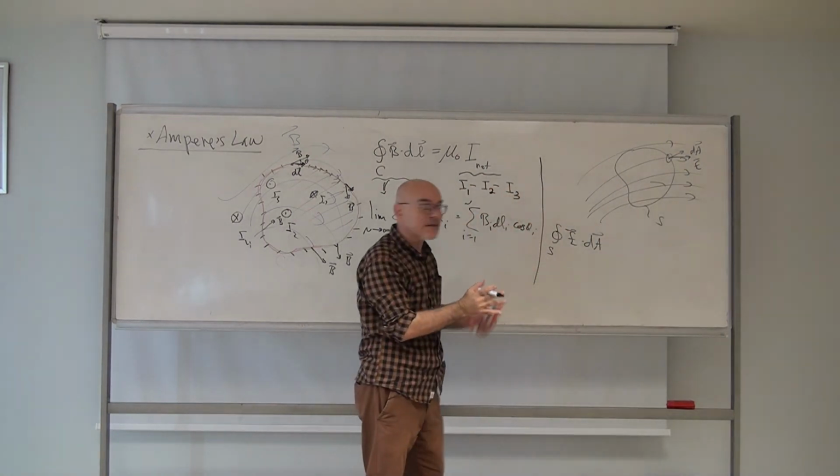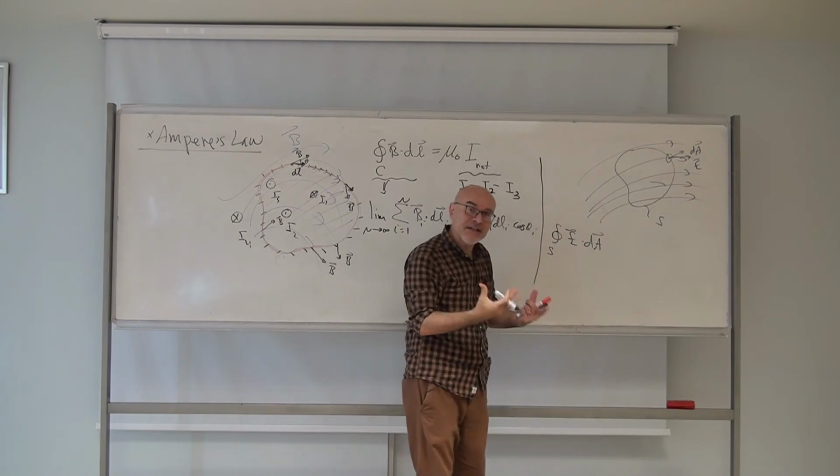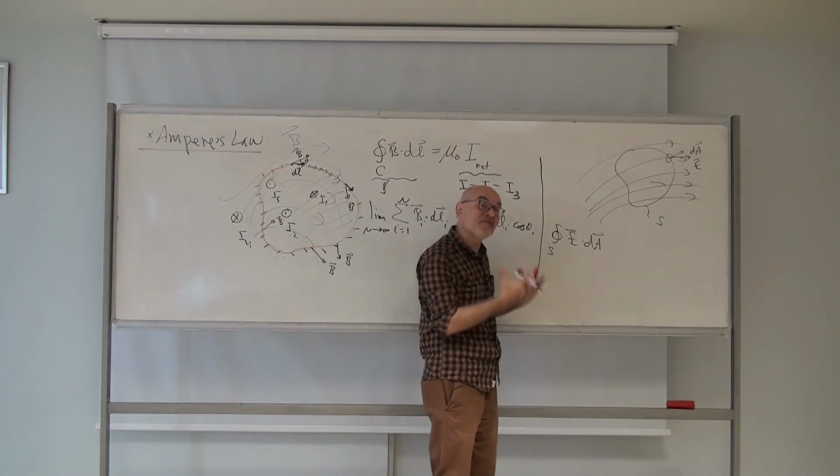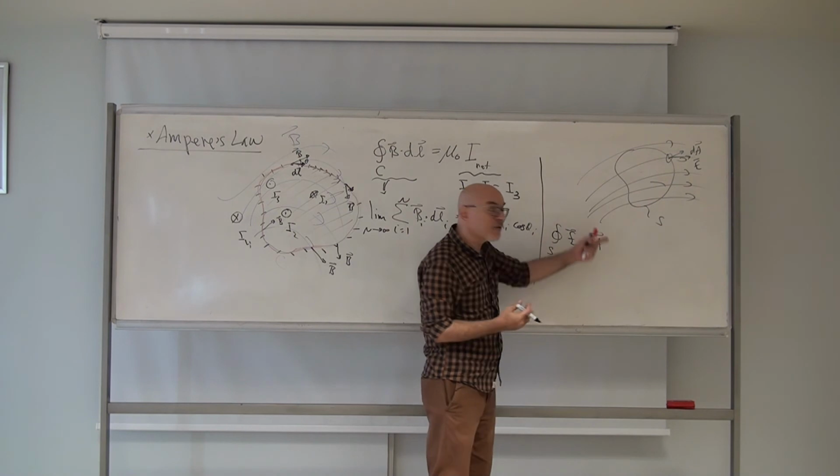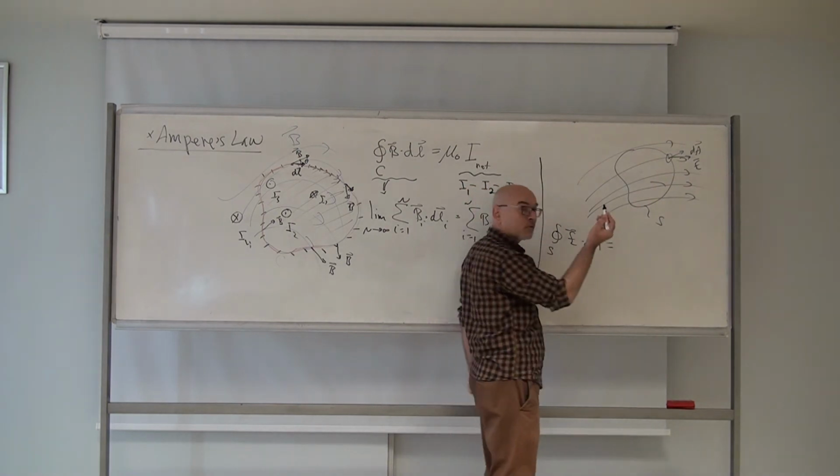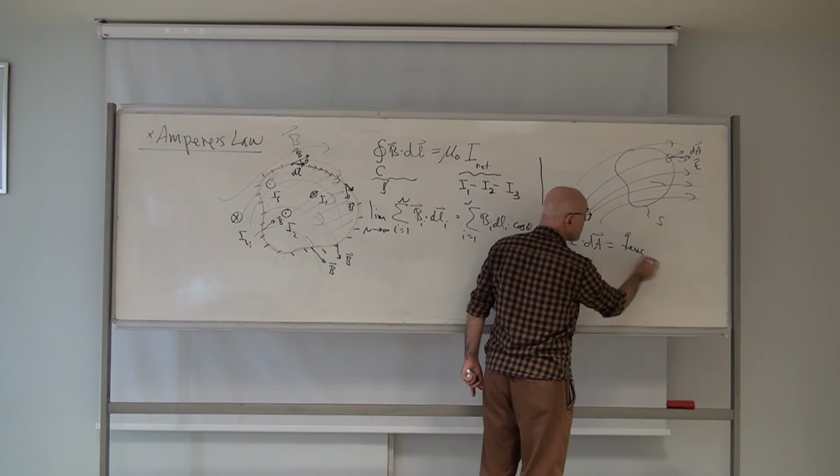Take any closed surface. This integral, which had a physical meaning, the flux of the electric field through this surface, was equal to Q enclosed divided by epsilon.